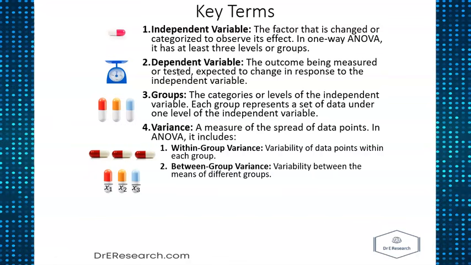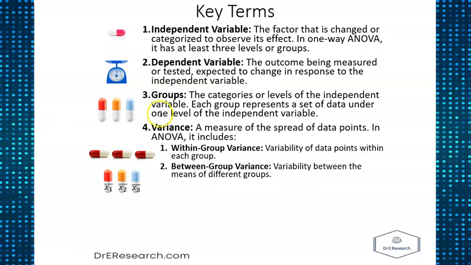And this needs to be typically interval or ratio. That could be a test score. It could be a more physical measurement like weight or height. It could be a sum score from a Likert scale or questionnaire, something that's basically interval or ratio.